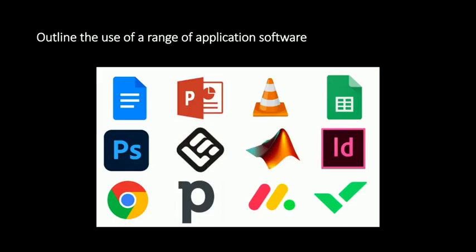So there are a range of application software such as word processors, spreadsheets, DBMS, email clients, and web browsers. For example, a word processor is a program that allows the storing, manipulating, and formatting of text.